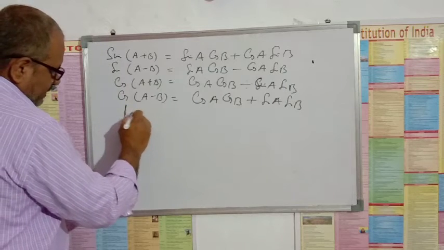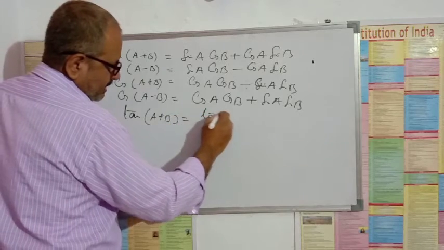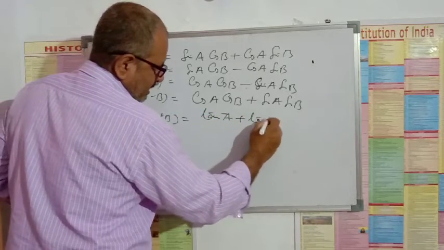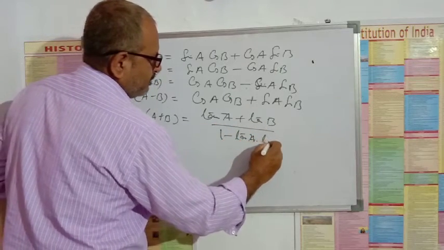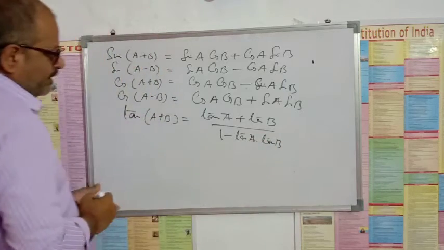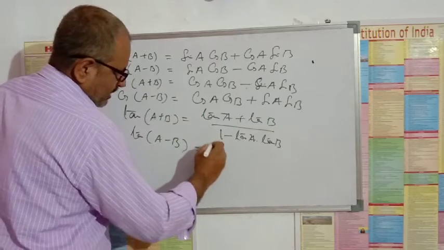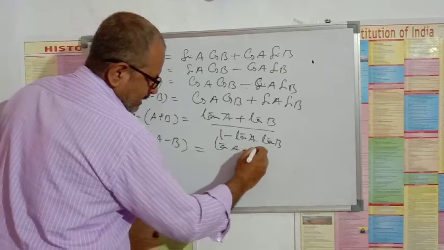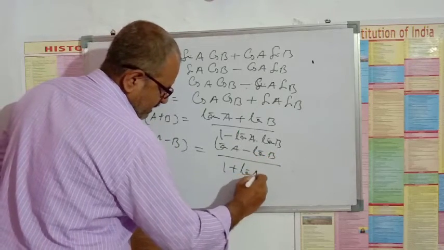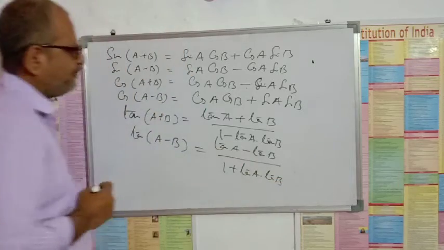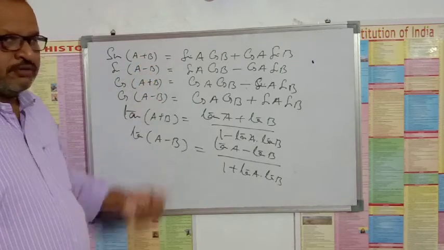In case of tan(A+B), tan(A+B) is tan A plus tan B divided by 1 minus tan A into tan B, and tan(A-B) is tan A minus tan B whole upon 1 plus tan A into tan B. So these are the trigonometric functions of sum and difference of two angles.